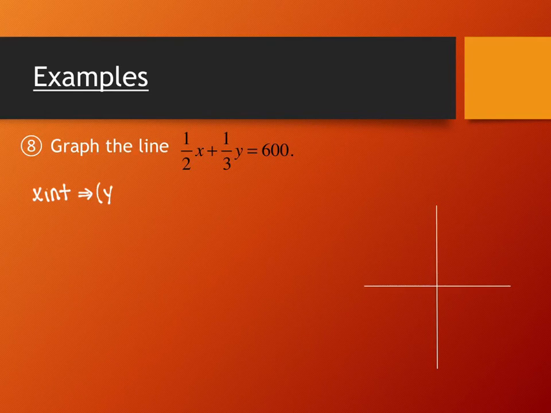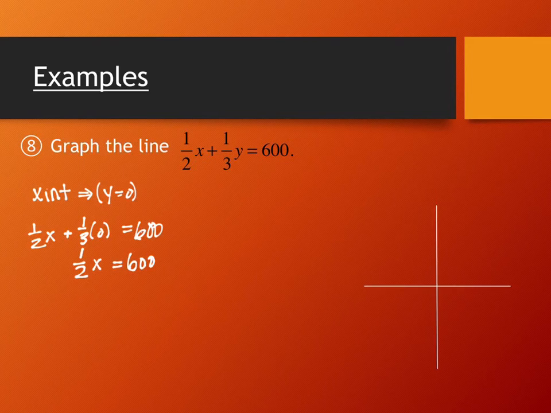So the x-intercept means y equals 0. So I have 1/2 x plus 1/3 times 0 equals 600. So this is just 1/2 x equals 600. How do I get rid of the 1/2?